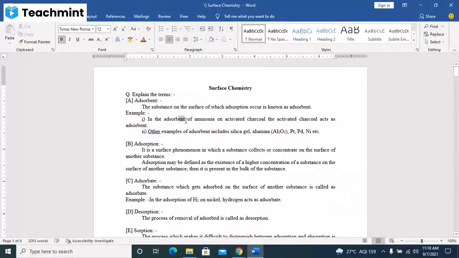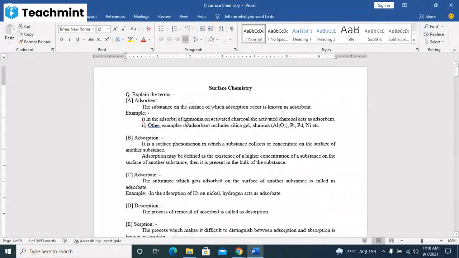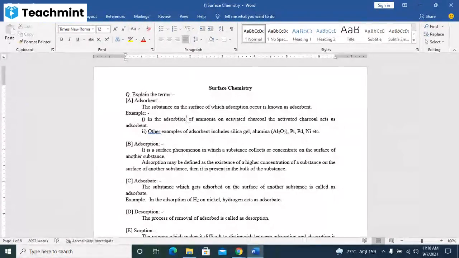In the adsorption of ammonia on activated charcoal.